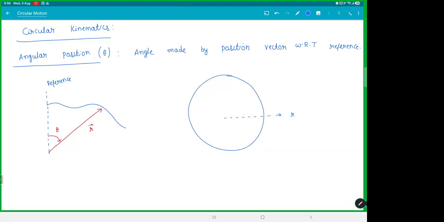So angular position is simply the angle made by the position vector with respect to the reference. If this is your position vector, then this is your angular position. For angular displacement, the magnitude of r bar we are not interested in.